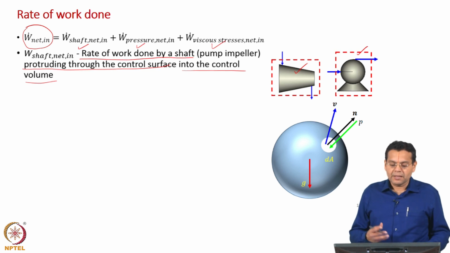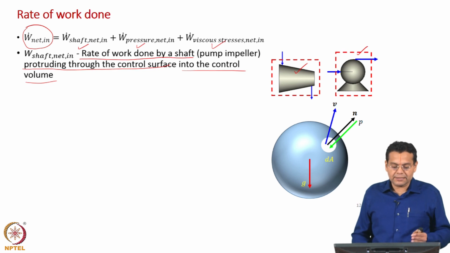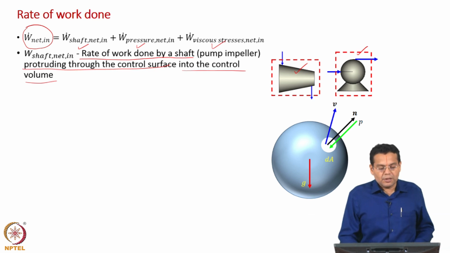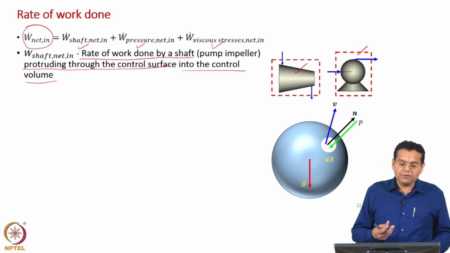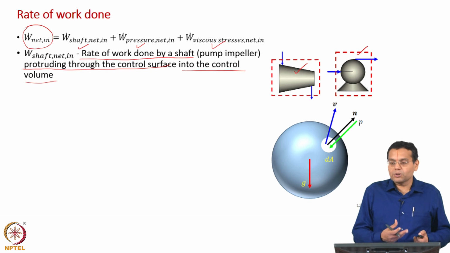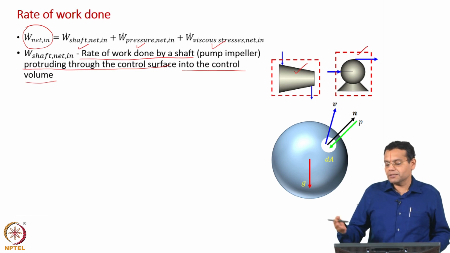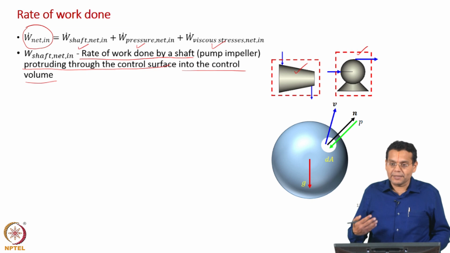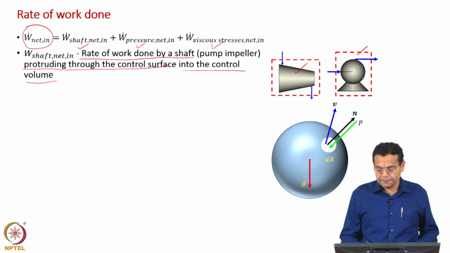Similarly, here also that work transfer term should be across the control surface. That is why it says rate of work done by a shaft protruding through the control surface into the control volume. Usually we find out this value or we are given a known value. We do not have an expression for this; usually this is the unknown quantity. For example, to pump water over some distance, what is the rate of work done, what is the power to be supplied.